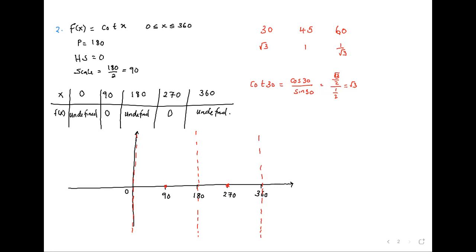So this means that the orientation of this one is like this, where this is where there's -1, this is where there's +1. The same thing will happen here. Like that. So cot takes this orientation and tan will take the opposite orientation.